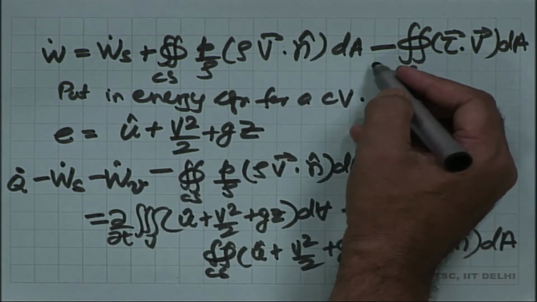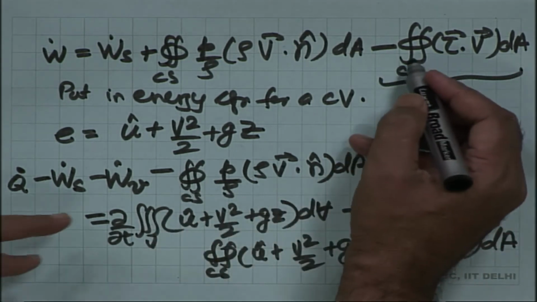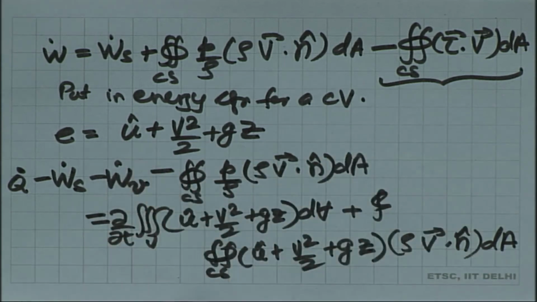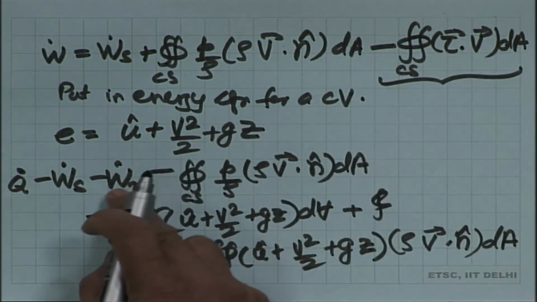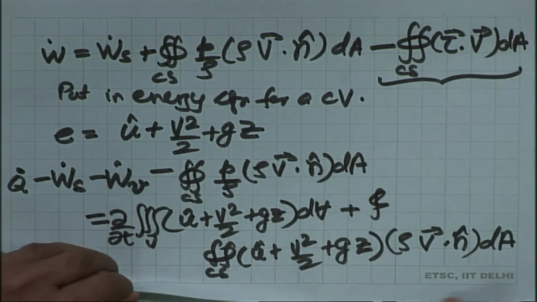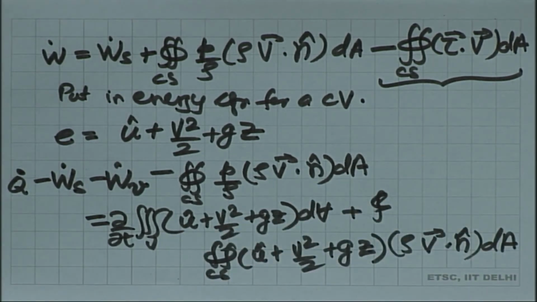In W dot V, if we put this minus term in here, W dot V is equal to this, and this will then become plus. If I put tau dot V here, that will become plus. So, this is the equation which we have, the energy equation.